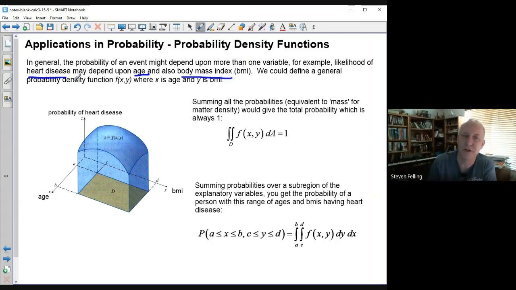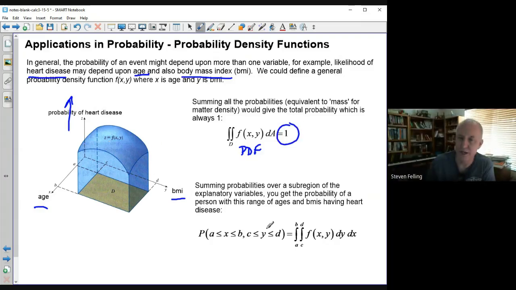So maybe I could find a probability density function for the probability of someone having heart disease, given that we know something about their age and about their BMI, right? So I have probability varying as two input variables. So I have a two-dimensional probability function, right? Multivariable probability function. So it would still be true that if I knew the entire extent of ages and BMIs, that if I summed the area under this surface, that would sum to a probability of 1.